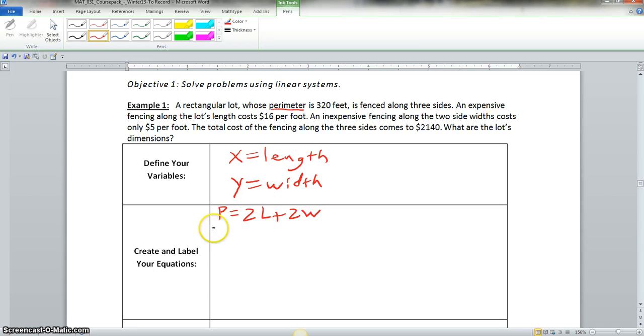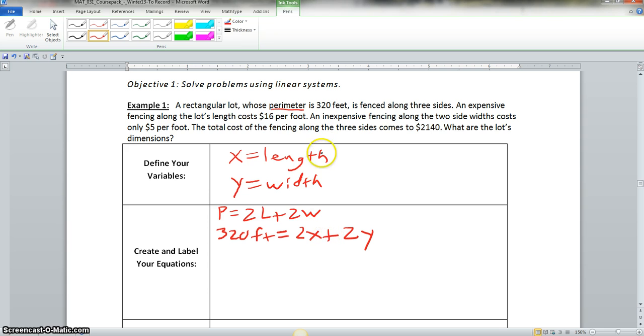It's told to us in this problem that the perimeter is 320 feet, and that equals, we let x represent our length, so that'll be 2x, plus the width is our y, which would be 2y. So we substitute it in for our length and our width. Now that is our first equation.